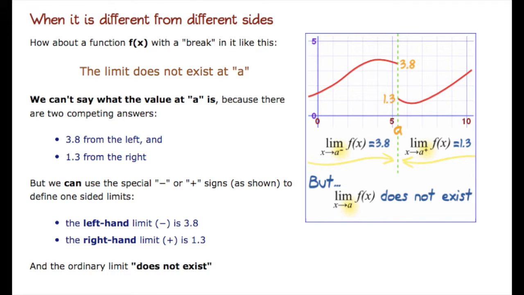But we can use the special negative or positive signs as shown to define one-sided limits. The left-hand limit, which is the negative, is 3.8. The right-hand limit, which is the positive one, is 1.3, and the ordinary limit does not exist.